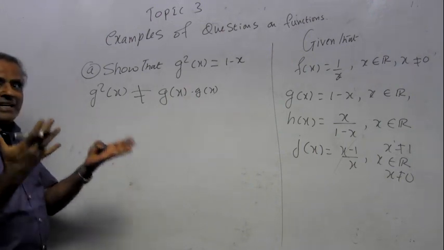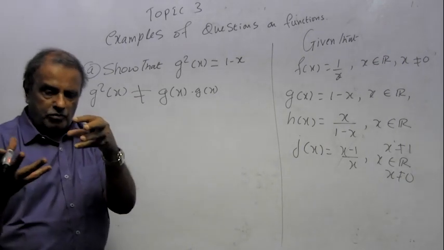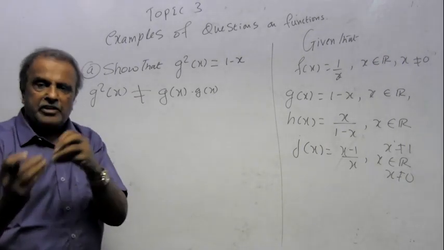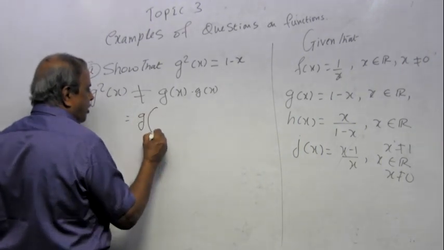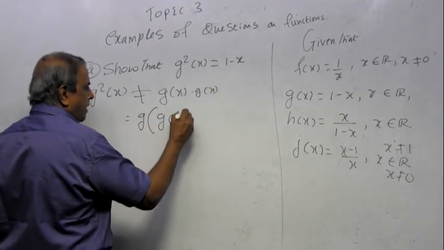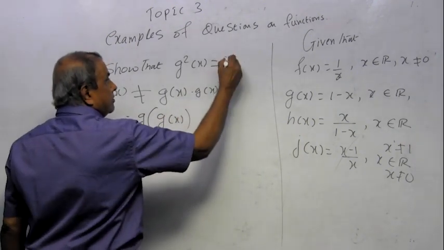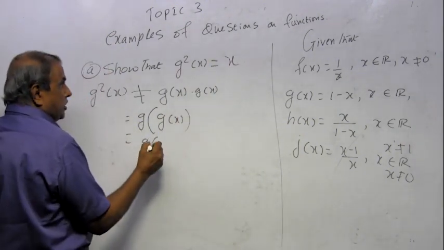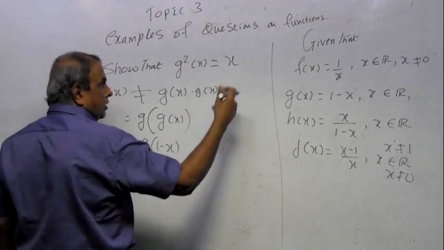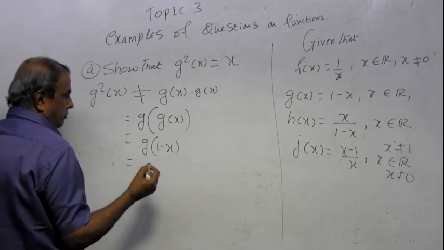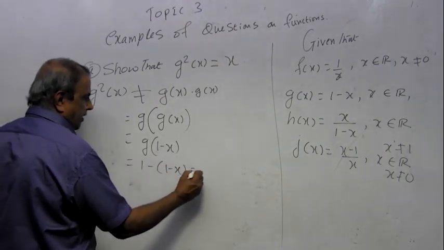You're not squaring 1 minus x, but you are using g of x inside g of x, meaning it is g of g of x, which is g of 1 minus x. What does g do? Which would be 1 minus, 1 minus x, which is x.